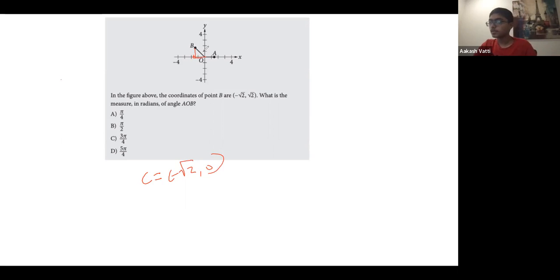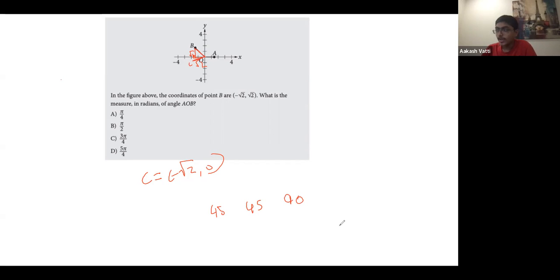And so with both of the legs at length √2 and √2, because B is √2 up and it's √2 over. And because of that, since the two leg lengths are similar, we know it's a 45-45-90 triangle.